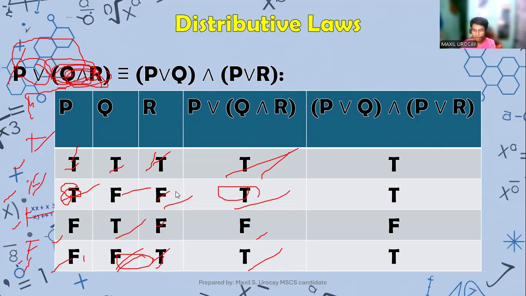So therefore, we have to revise this. This is gonna be F times T earlier is false, then F plus F is false. So therefore, this is false. Let's try to erase that and check if this will be the answer later.